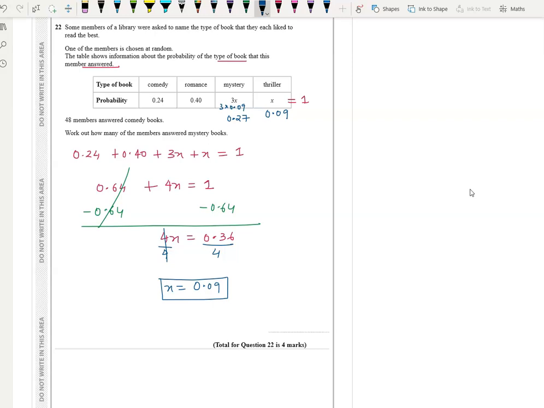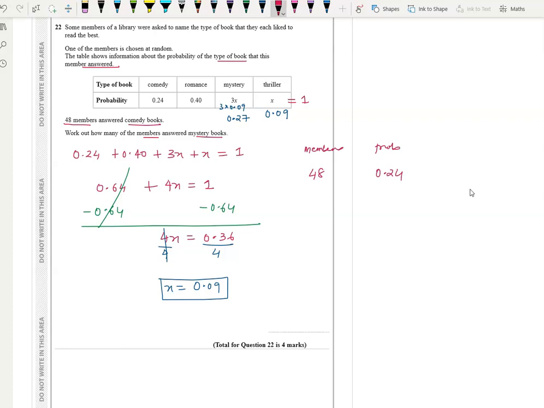The question is, 48 members answered comedy books. Work out how many members answered mystery books. So 48 members, again we can do the ratio method. When it is 48 members, the corresponding probability for comedy is 0.24.